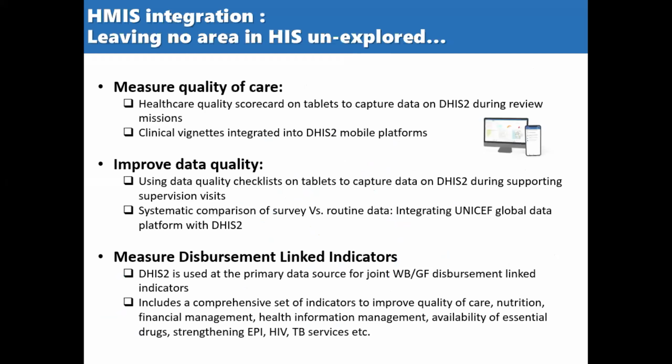So what is ongoing in the system that we are doing now? DHIS2 is being used not only for collection of numbers or coverage rates, we also extend it to the quality of service, meaning that we use the system to track the quality of service at the hospital. We have customized the quality scorecard into the tablet so that the center level can check the quality of service of the health center and health facility.